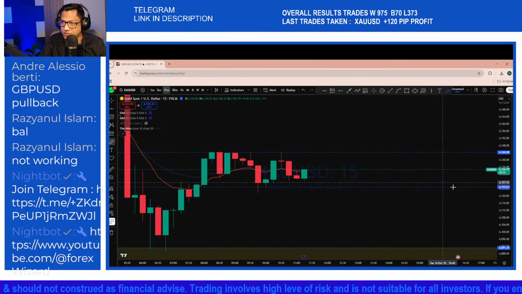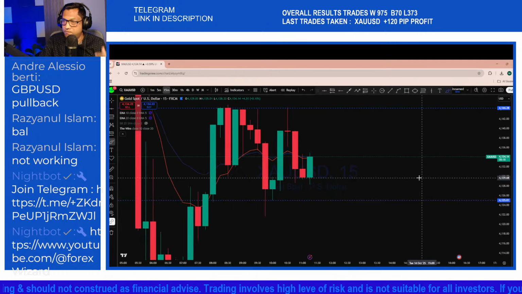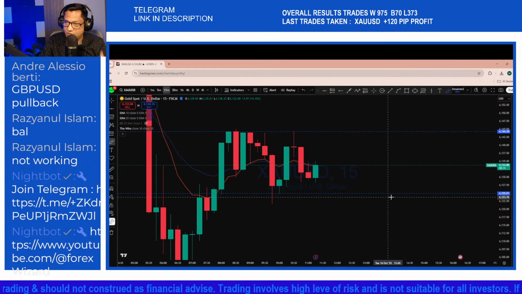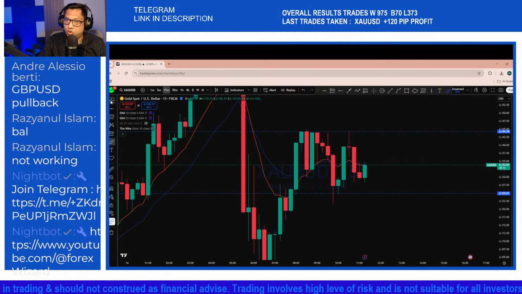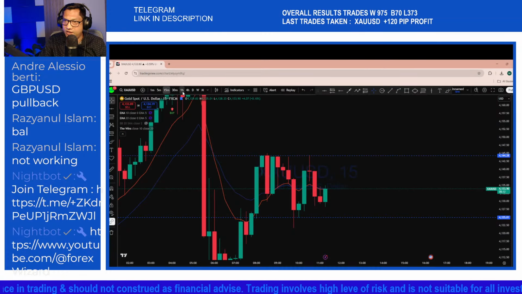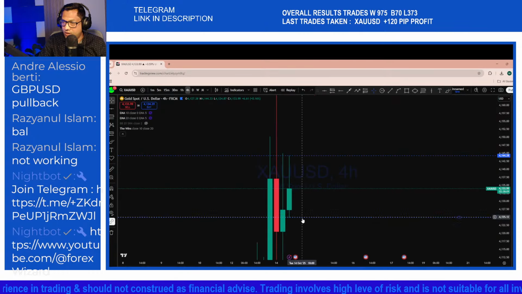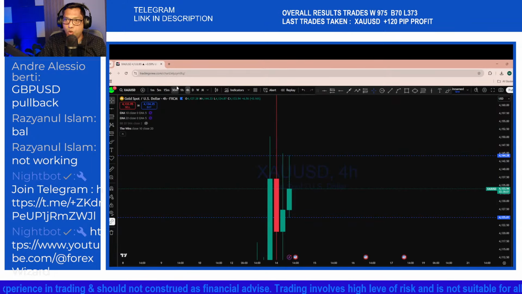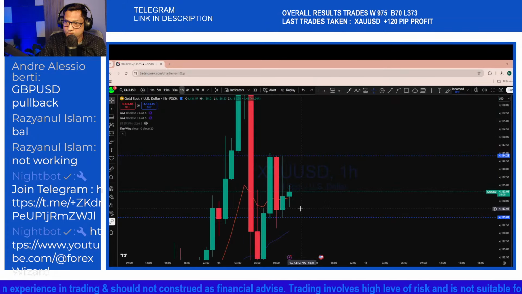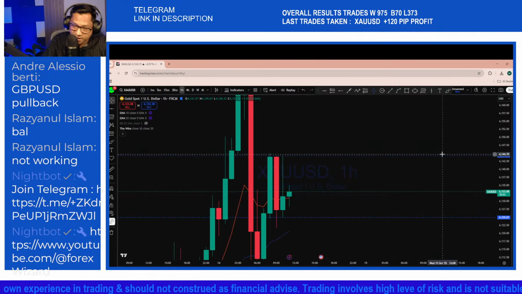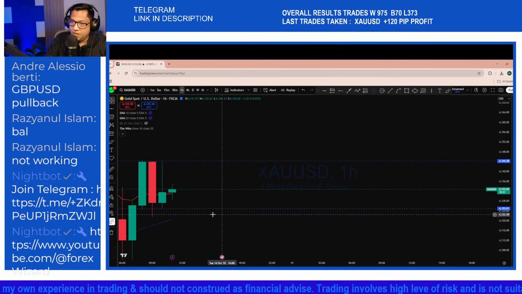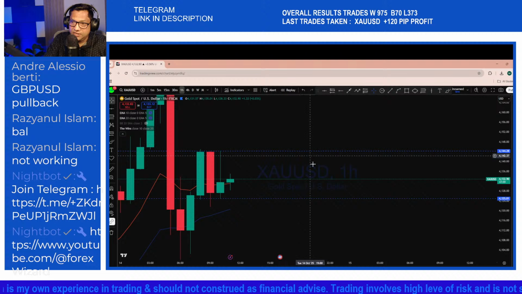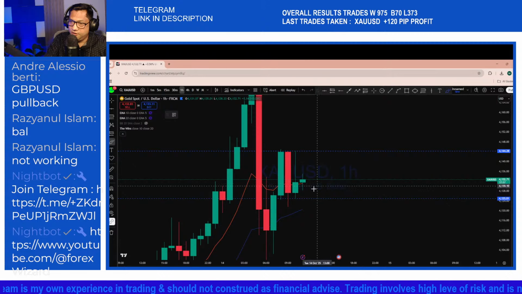So looking at the 15 minutes, we can see the price slowly building a structure for potentially crossing this high here. Now 4 hour level is here, 1 hour support is here, maintaining that series of higher lows in this market, in fact, and we can see the price is maintaining this series of higher lows here.